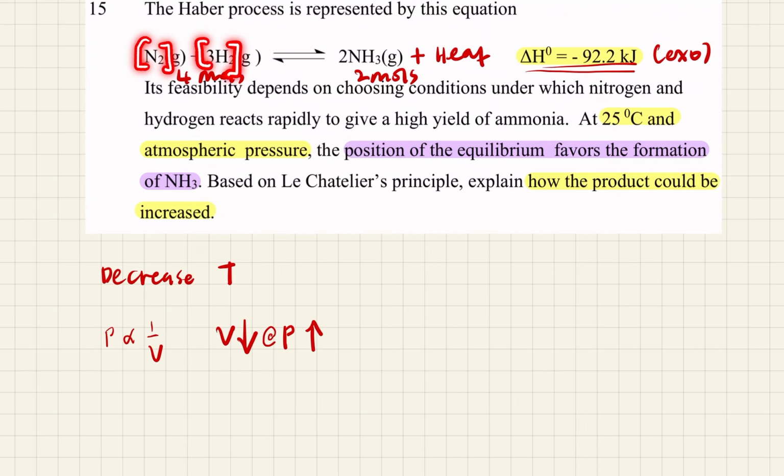So addition of your reactant will shift the equilibrium to the right. Okay? So you produce more products. You can also remove your NH3. So if you remove your NH3, that means your system will try to make more of NH3. That means your equilibrium will shift to the right and actually produce even more NH3.